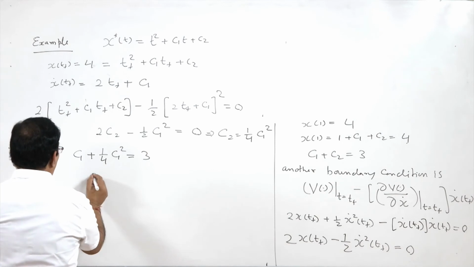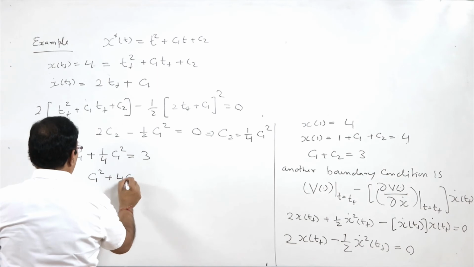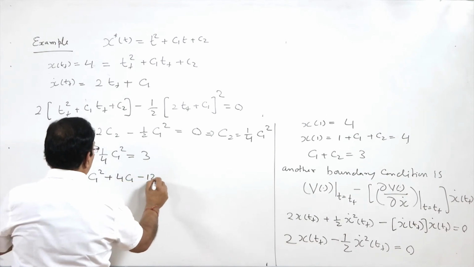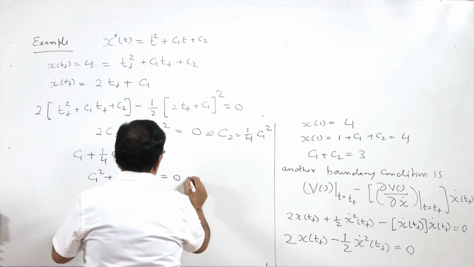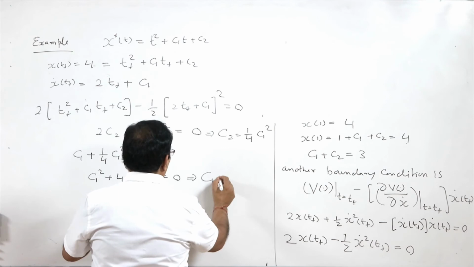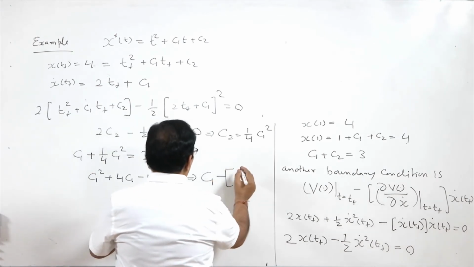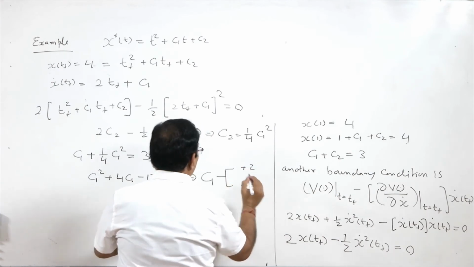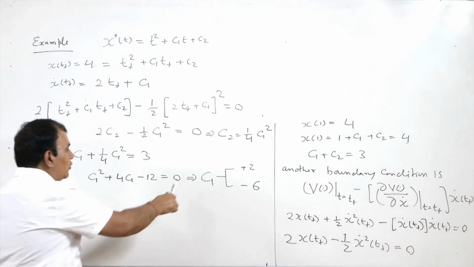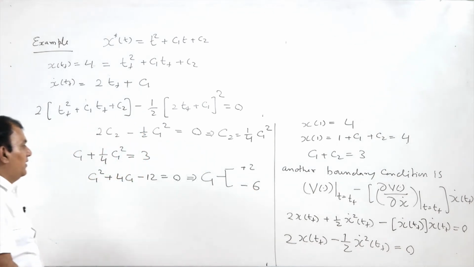So, this gives me the equation C1 squared plus 4 C1 minus 12 equal to 0, and this gives me two values of C1, one is plus 2 and another is minus 6.